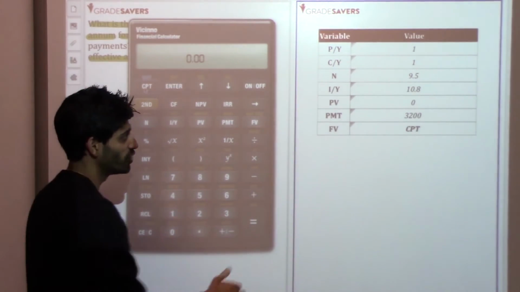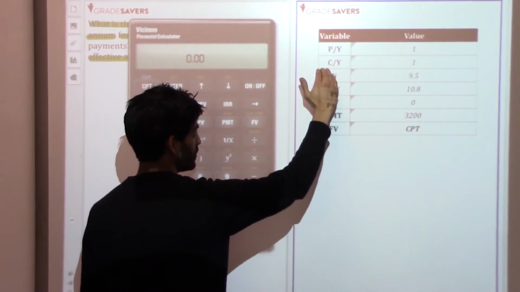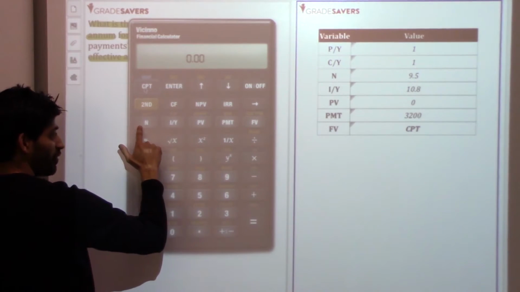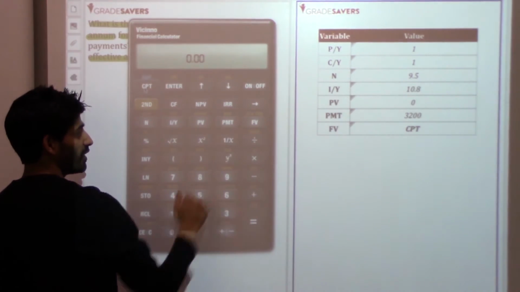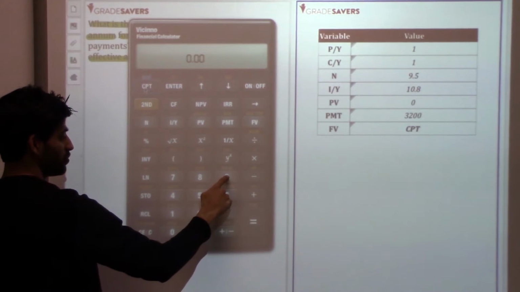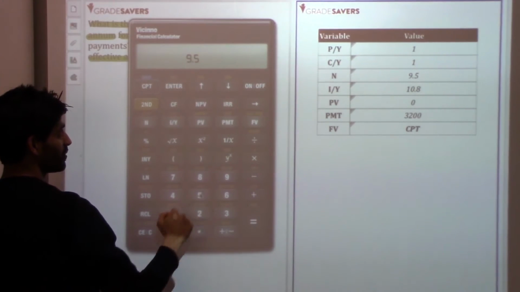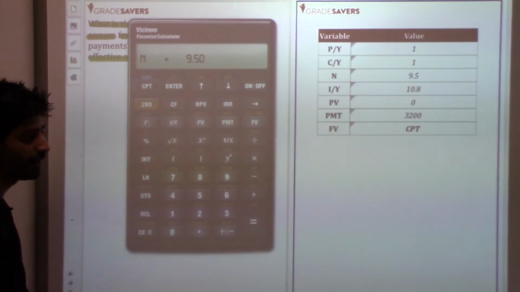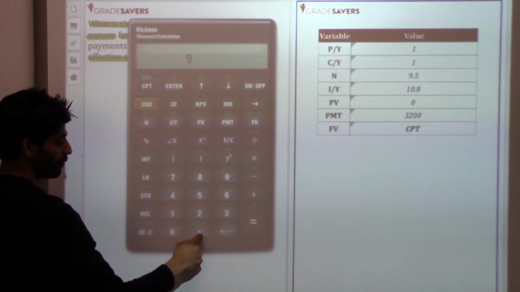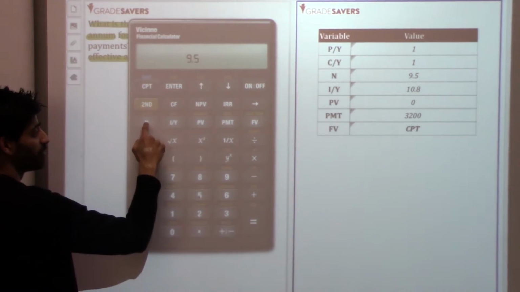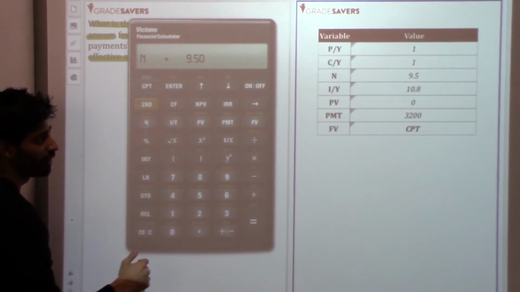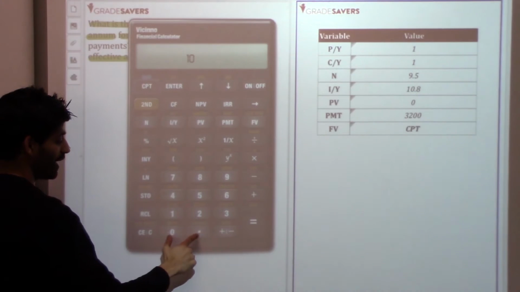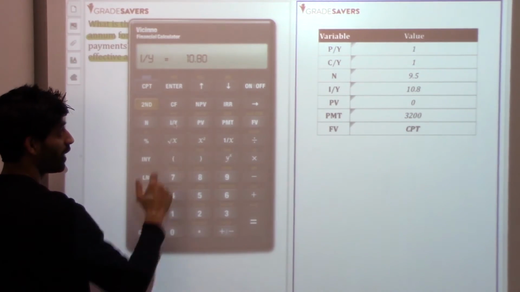Now what we want to do is put these 5 variables with these values. And these 5 variables are simply the TVM variables that go across our finance calculators. We must remember to always press the number first, so like 9.5, followed by the variable, for example, N. If I want the interest rate to be 10.8, I am simply going to press 10.8, followed by IY.